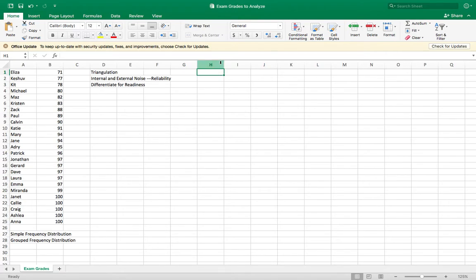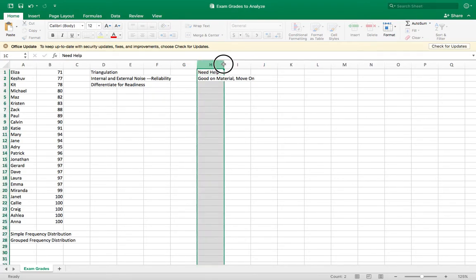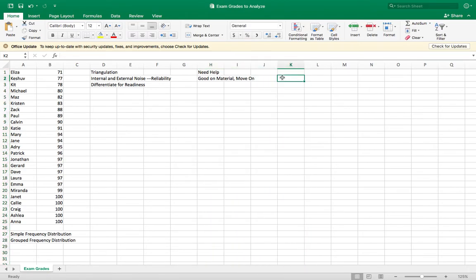Let's say I want my students who really need help, and my students who seem, based off of this assessment, that they're good on the material and need to move on. Okay, so actually I could just make a grouped frequency on 2 levels, right?